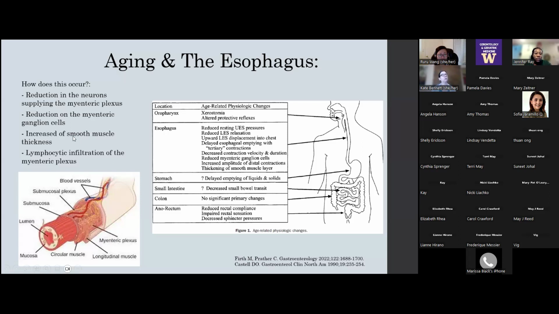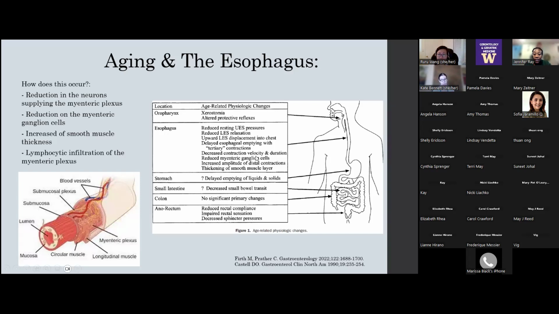And as well as the reduction in number of neurons, there is a reduction in the number of myenteric ganglion cells as well. As we get older, we can have an increased smooth muscle thickness, which can affect the force or the efficacy of peristalsis. And then we can also have a lymphocytic infiltration of the myenteric plexus.